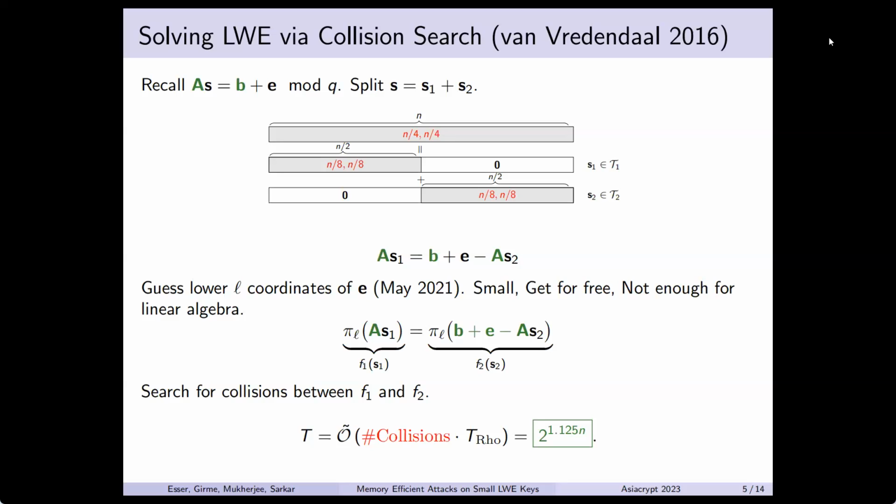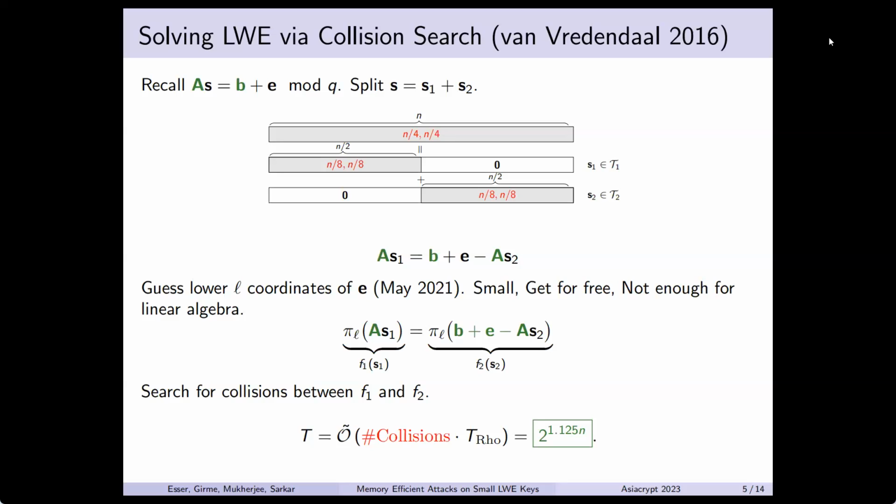So you just rearrange the LWE identity as AS1 = B + E minus AS2. So now we are going to guess the lower L coordinates of this E. Right? And this L is small enough that you can do guessing in sub-exponential time, right? But this is not enough to use linear algebra to recover the secret.